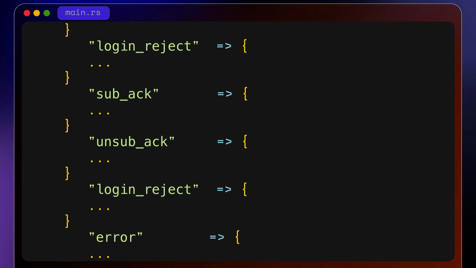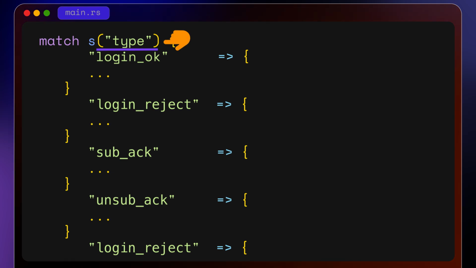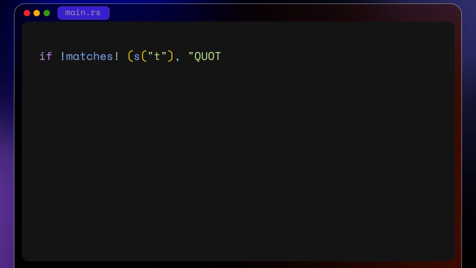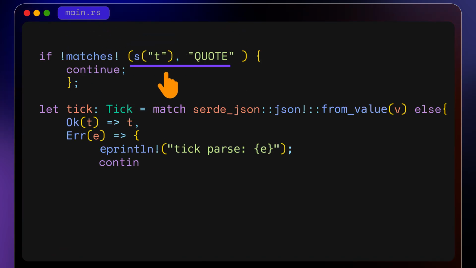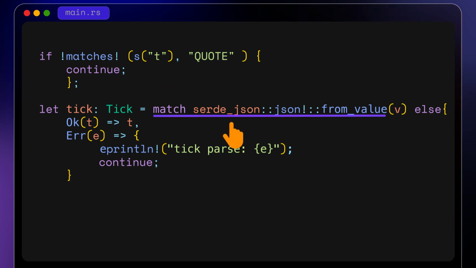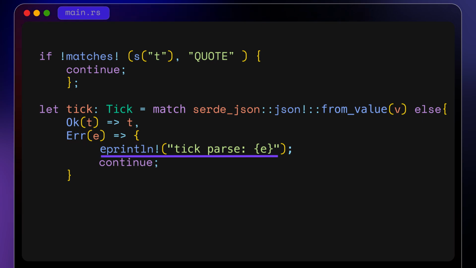If none of the matching statements checks out, we continue to the quote message type. Before we define the struct, let's check if the message type is quote data. If not, then we skip it. Here, Serde JSON takes the quote JSON value and maps it into our Tick struct. If the JSON matches our Tick structure, Rust gives us a parsed tick. If something goes wrong, we print the error and keep listening for the next message.